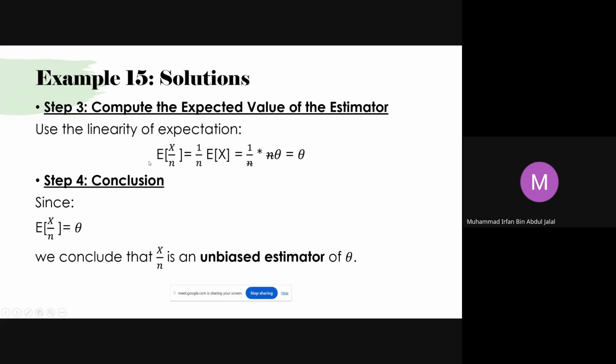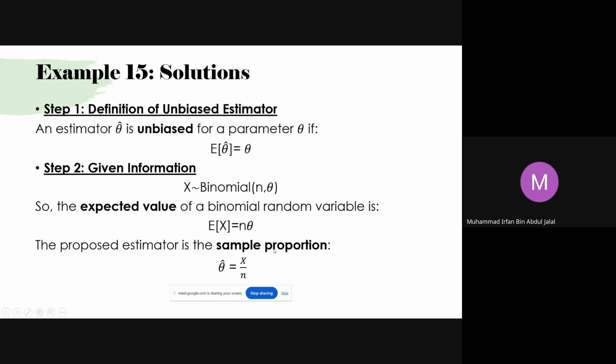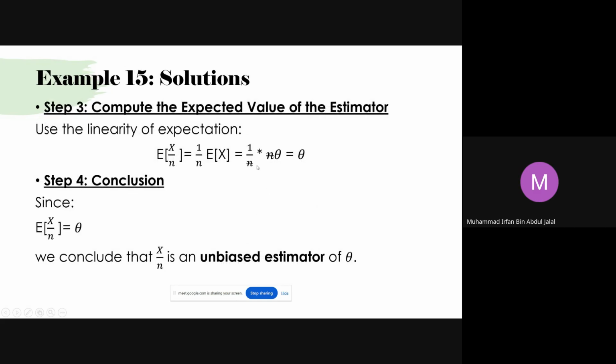So what is E[X]? Based on the expectation of the binomial random variable, it is n theta. So we substitute E[X] with n theta, and you can cancel out these two terms. So it becomes theta. Theta times 1 becomes theta. So E[X over n] equals theta.